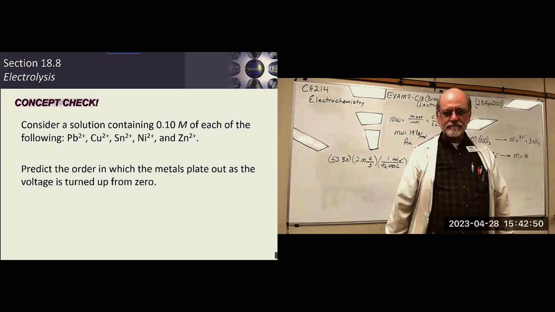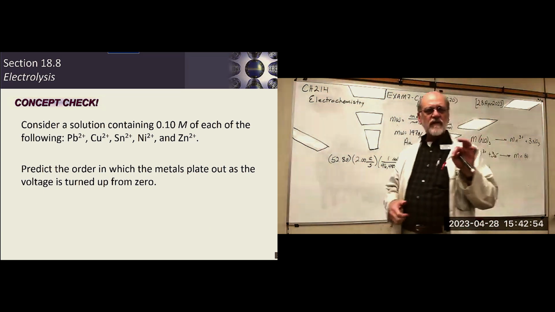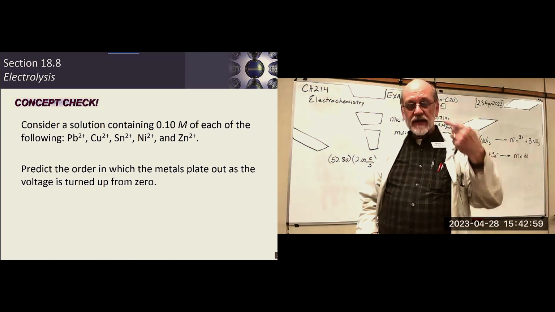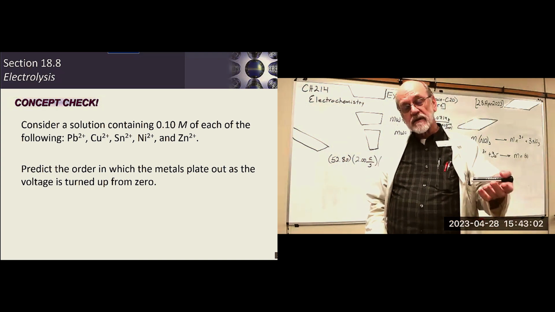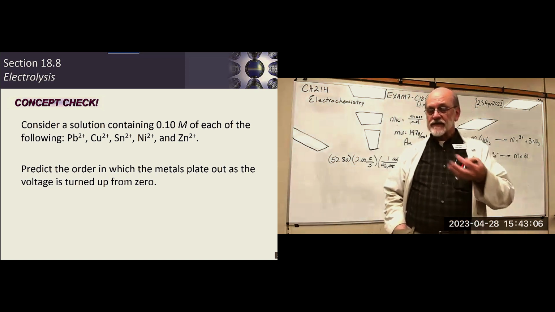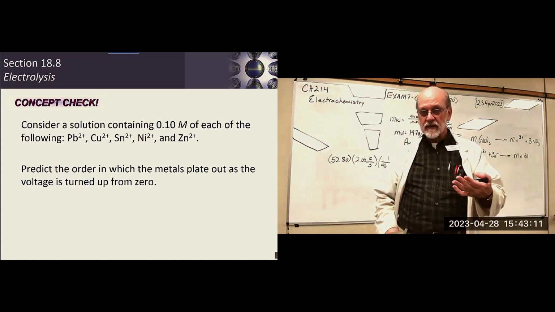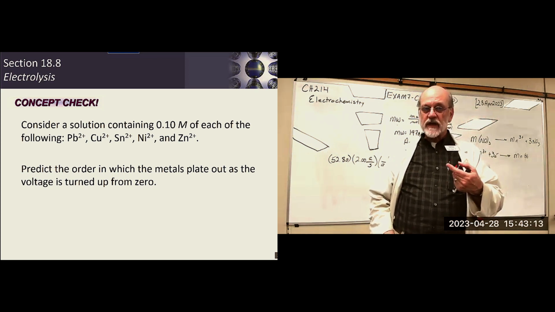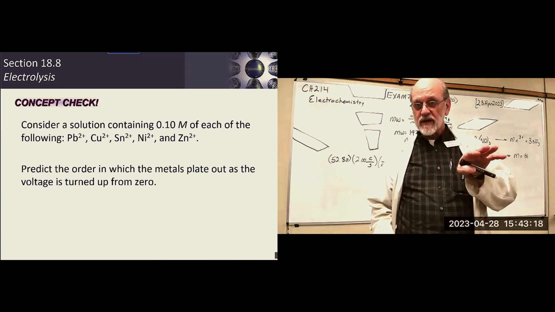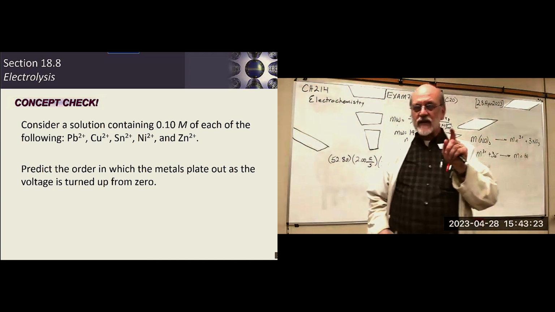All right. Oh, one more thing. If we have a mixture of ions in solution, since the process of electrolysis is similar to the galvanic cell, except in reverse, it's an intensive property. So if we want to determine which one of these ions plates out first, what's the order? Then all we need to know is their standard potential.